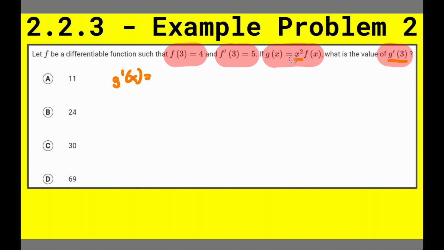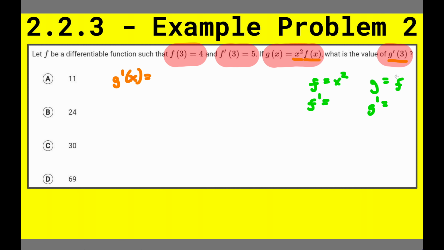G prime is going to be, we're going to use product rule on this. So we have f and f prime, g and g prime. Again, you don't have to do it this way. This is just kind of how I like to do it. So we have x squared there. In this case, our g is actually just f, which is getting a little confusing because we have these f's and these g's all over the place.